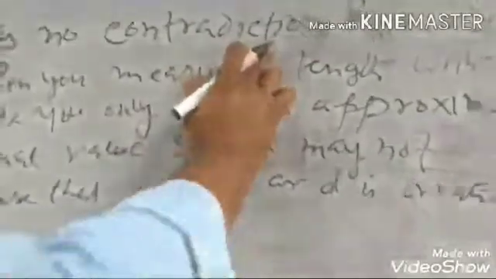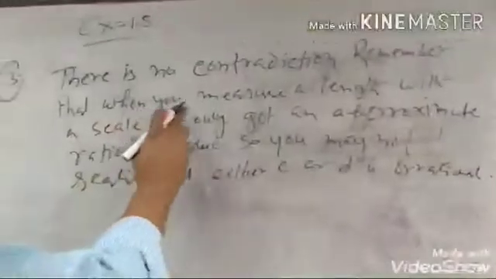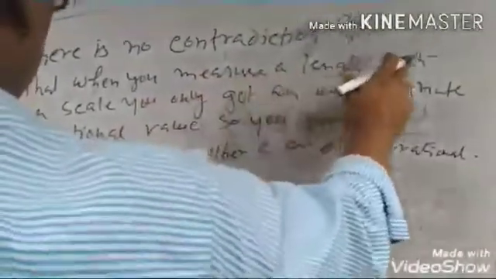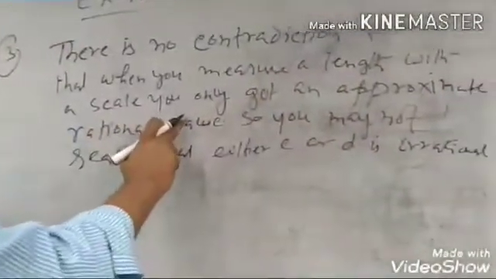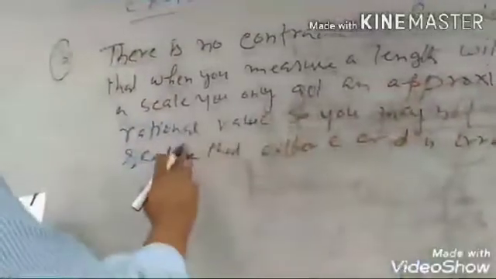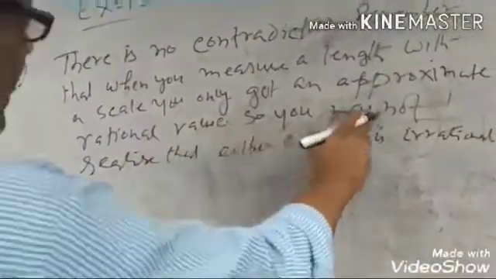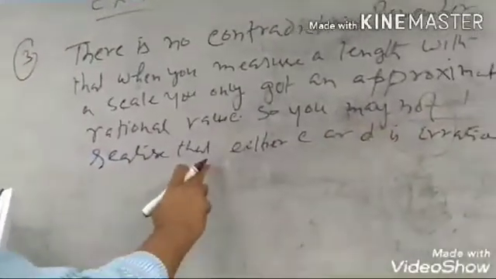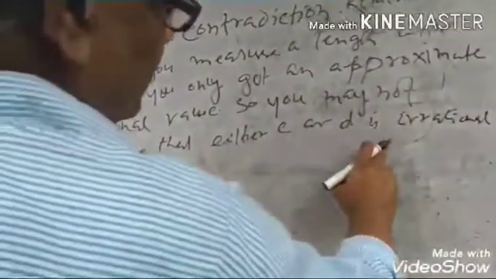So there is no contradiction. Remember that when you measure a length with a scale, you only get an approximate rational value. So you may not realize that either C or D is irrational.